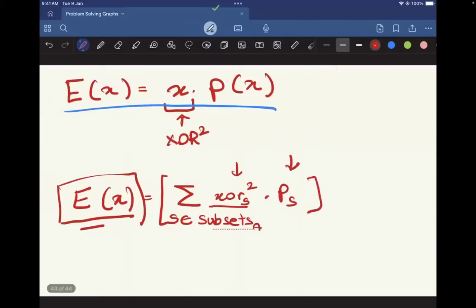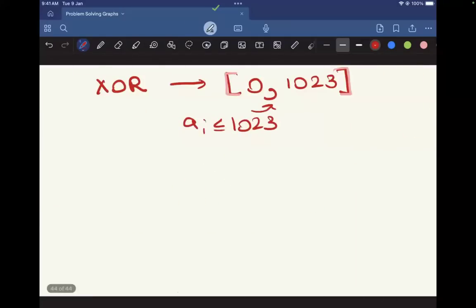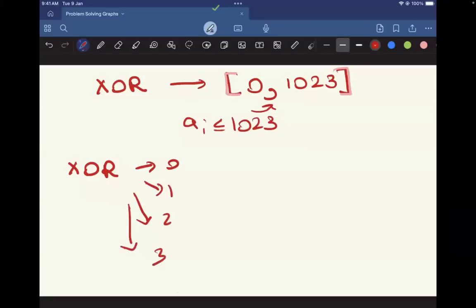We formulated this, but for every XOR from 0, 1, 2, 3, and so forth, if I get all subsets which have XOR equal to 0 and add their probability, I would get the probability of getting XOR equal to 0 over all subsets.